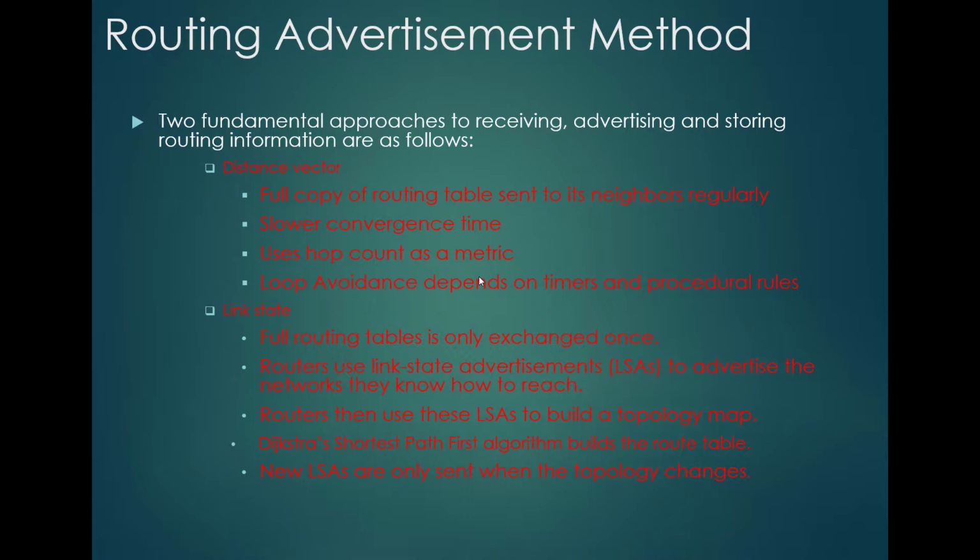If you don't have a very fast WAN connection, that can be a disadvantage. It may use a hop count as part of its metrics. Loops are avoided depending on timers and procedures, depending on the routing protocol.